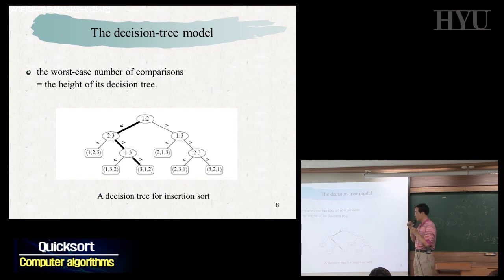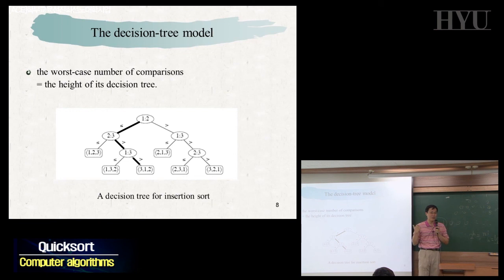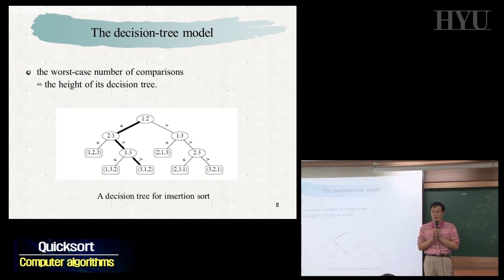Let me add some comments. So it's like binary search. If we use a comparison, then half of the candidates are removed. But we have n factorial candidates.